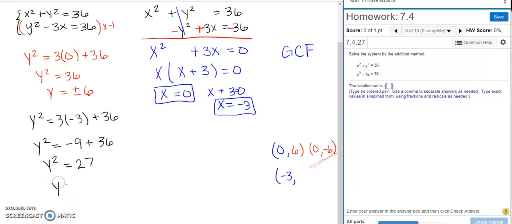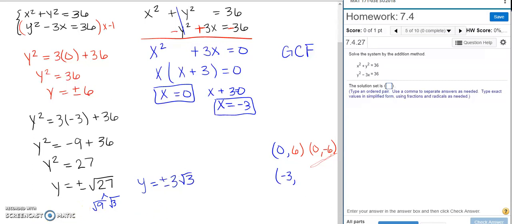So y equals plus or minus the square root of 27. You can simplify that. If I break 27 down, that breaks down into a 9 times a 3. So we square root each of those. So y equals plus or minus 3 root 3.